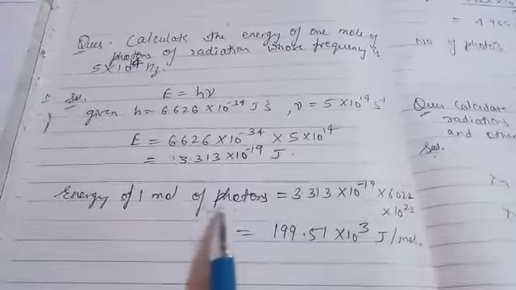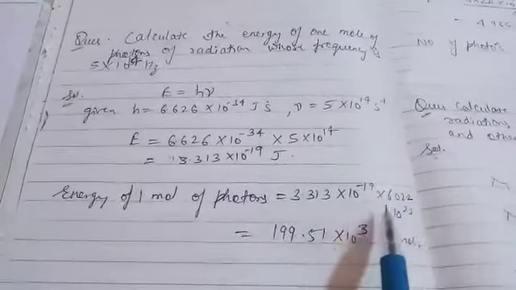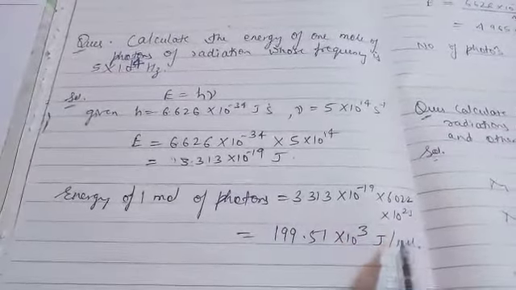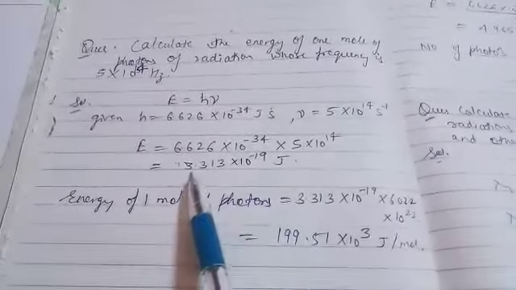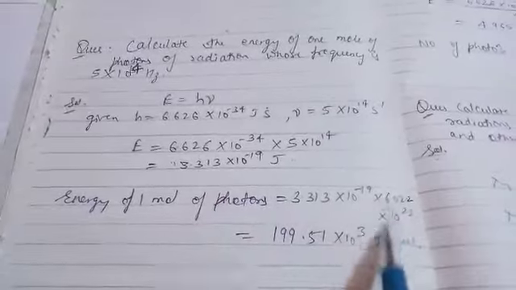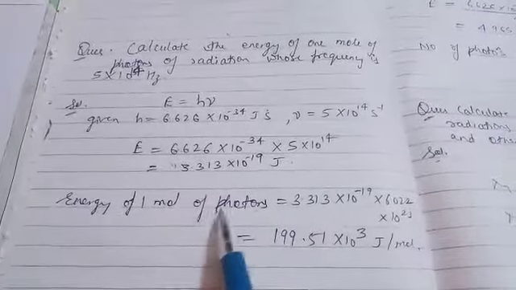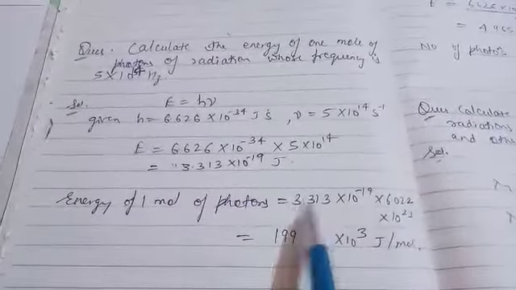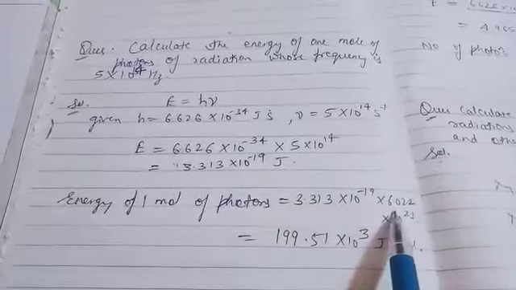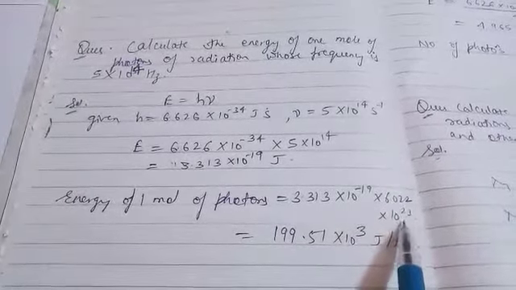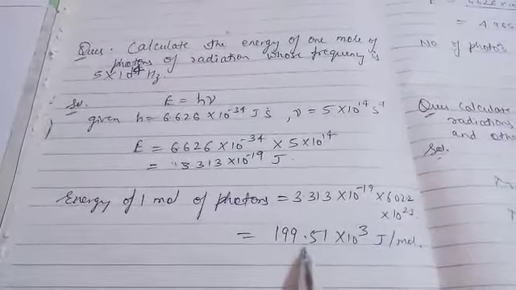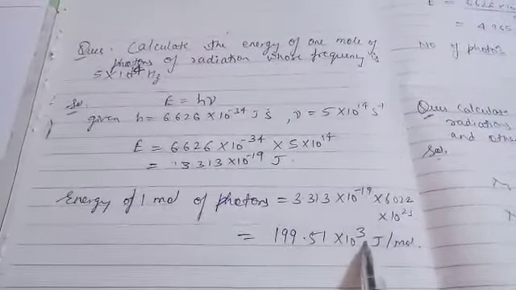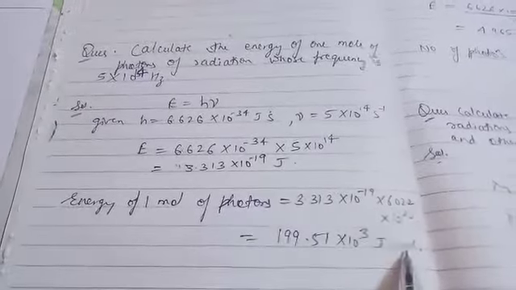Now here we are talking about photons, that one is also equal to 6.022 into 10 to the power 23 photons. Okay, and here this energy of 3.31 into 10 to the power minus 19 is of one photon, so this is multiplied by 1 mole, that is 6.022 into 10 to the power 23. After solving this, your answer is 199.51 into 10 to the power 3 joule per mole.